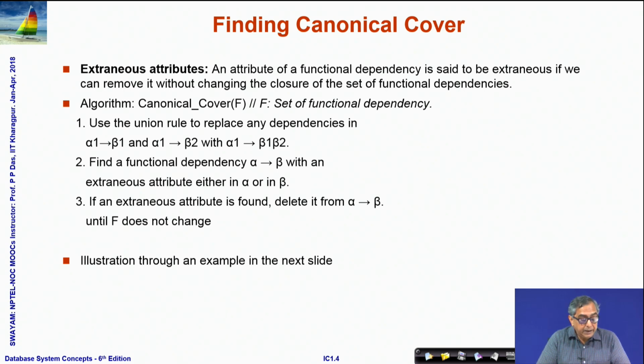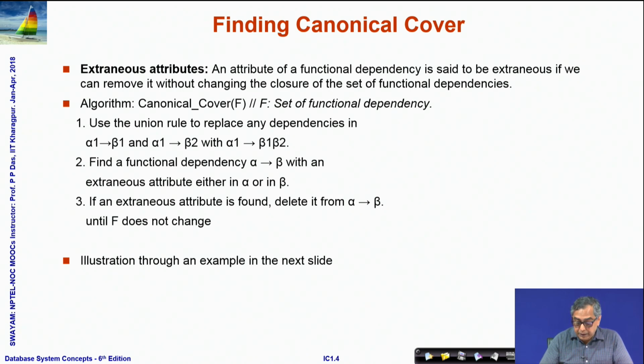Again I would remind you that an attribute of a functional dependency is defined to be extraneous, meaning not necessary, if we can remove it without changing the closure of the set of functional dependencies. So, if you are given a set of functional dependencies, then an attribute in a particular functional dependency is extraneous if even after removing it, we get the same closure for the set of functional dependencies.